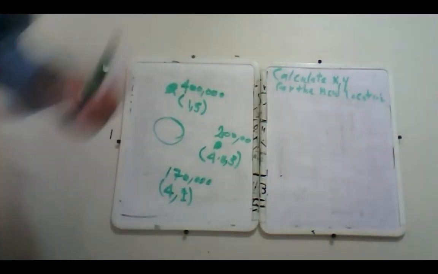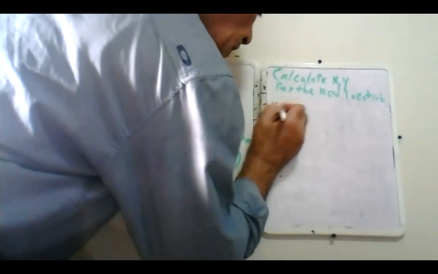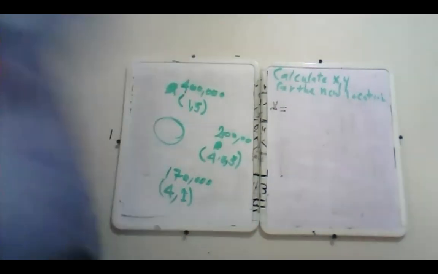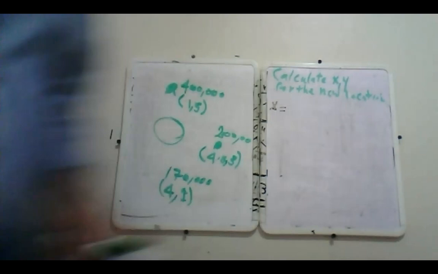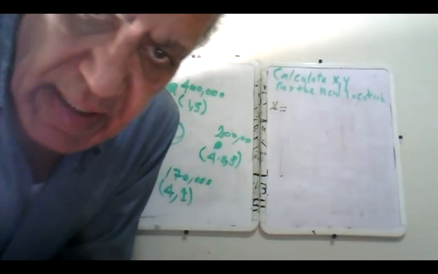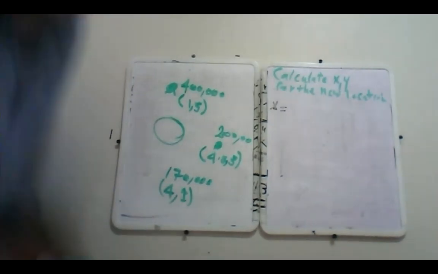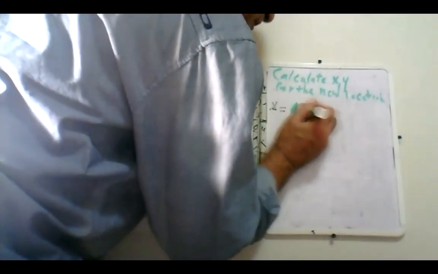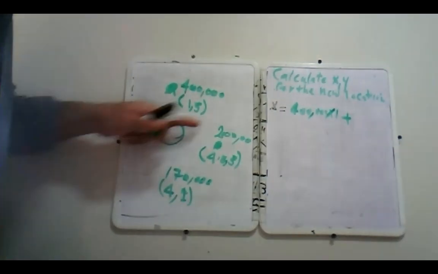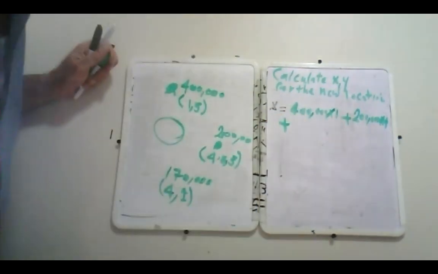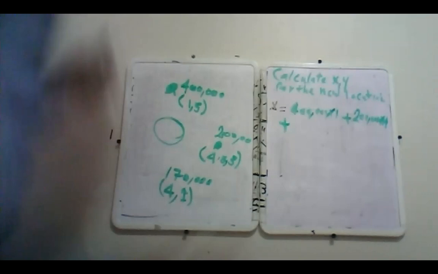The new x will equal: every x will be multiplied by its amount. 400,000 by 1, plus 200,000 by 4.5, plus the third point, 170,000 by 4.